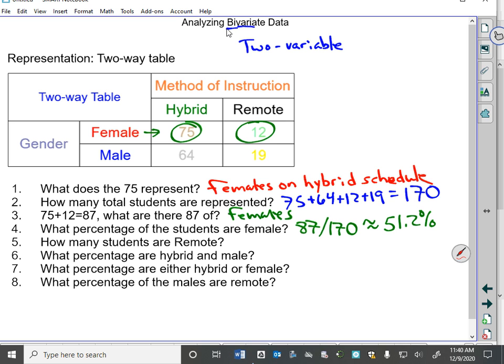Okay. Let's see, how many students are remote? Well, here is remote, and this represents all of the remotes, so that should be the 12 remote females plus the 19 remote males, a total of 31 remote students.